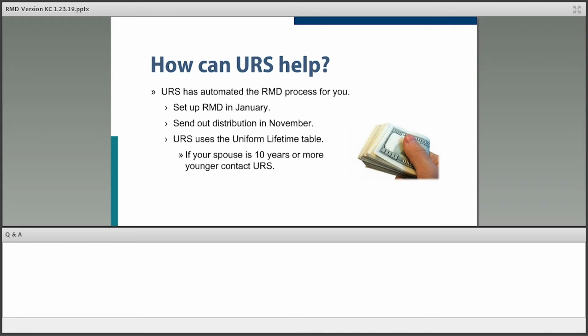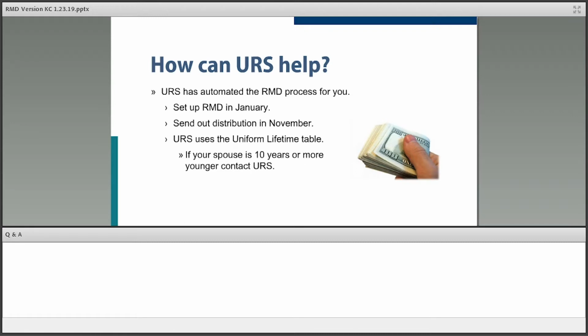So again, just to restate and correct what I'd said earlier, we only set up the automatic required minimum distributions from the 401k and 457 accounts. When we set up those automated required minimum distributions, we set them up using the Uniform Lifetime Table.